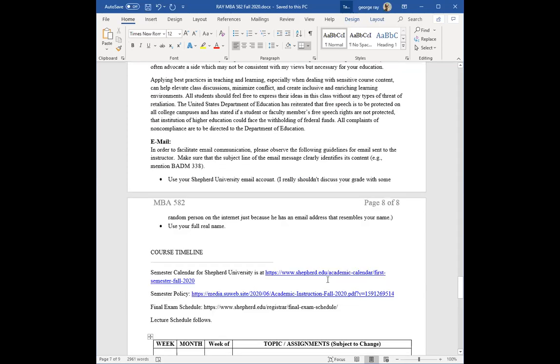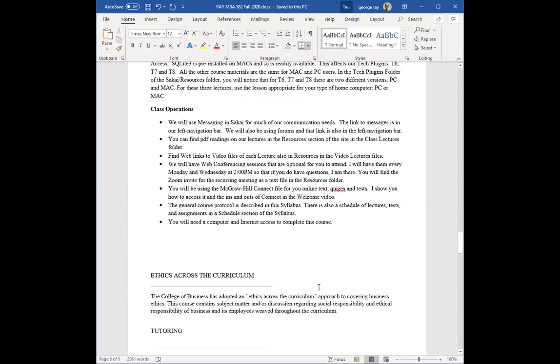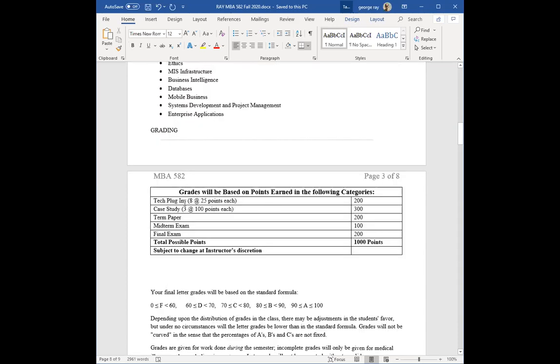Okay, so let's take a look at our Sakai website, and we'll scroll back up first. And the nature of our grades: tech plugins, case studies, term paper. So let's take a look at the resources section in our Sakai website, where we have the information that you'll need.